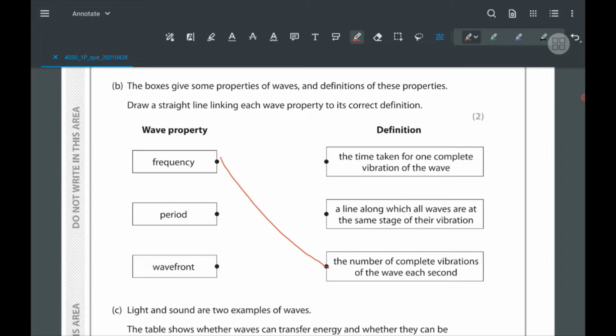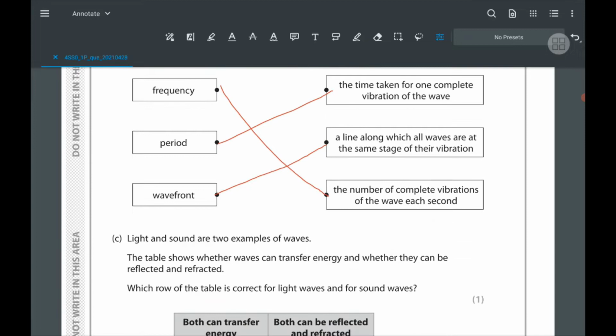Period is the time taken for one complete vibration of the wave. That is correct. Then wavefront, a line along which all waves are at the same stage of their vibration. So that is also correct. Now here you only had to connect it, but in the next paper maybe you will have to write this down. Because of that, remember the definitions for the next paper.